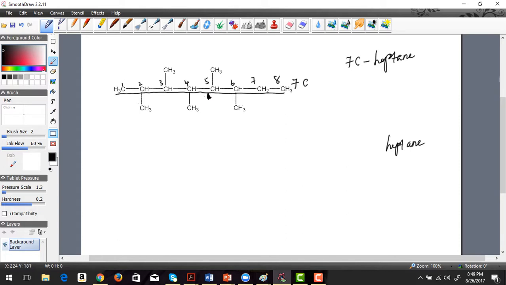So we have 1, 2, 3, 4, 5 methyl groups, right? 5 is penta, right? So that means we say 2, 3, 4, 5, 6-pentamethylheptane, and that's it.